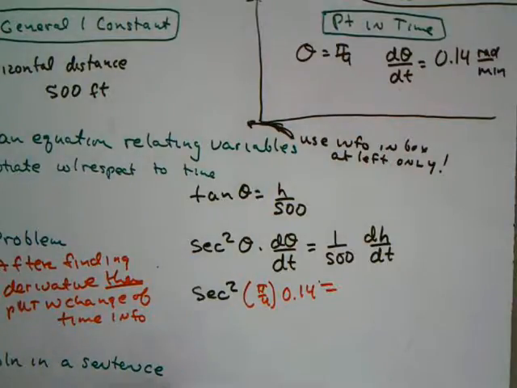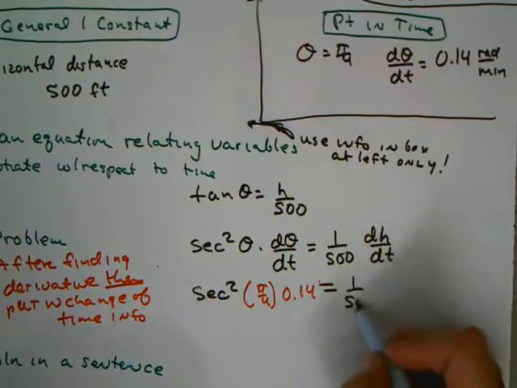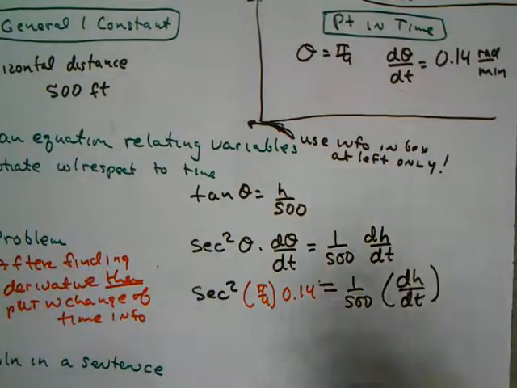Well, I'll make it a little simpler, and I'll just put my 500 here. Because now this is what I want to find, the change in height over the change in time.